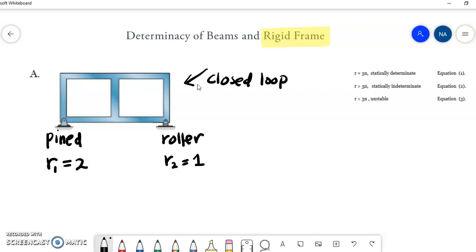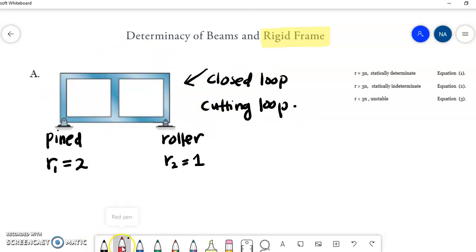So that means we need to do a cutting loop. Okay, if we have the closed loop like this, we need to do a cutting loop.